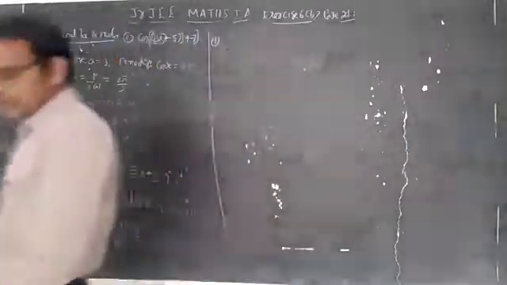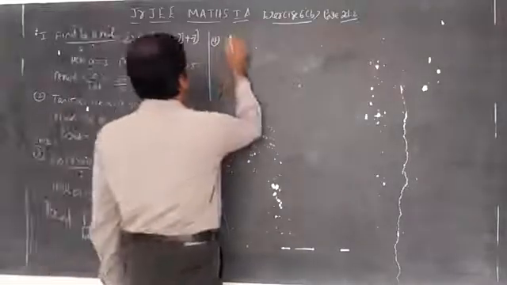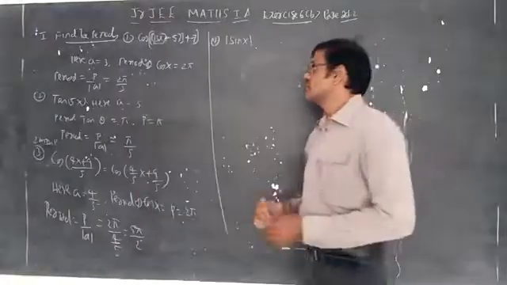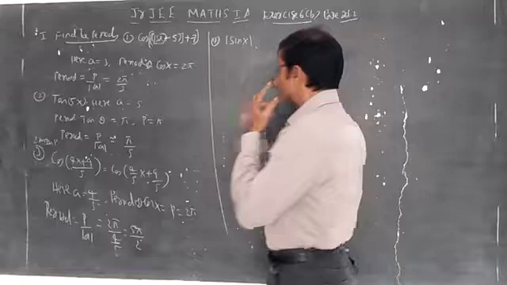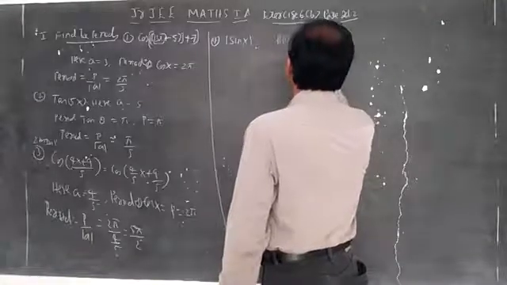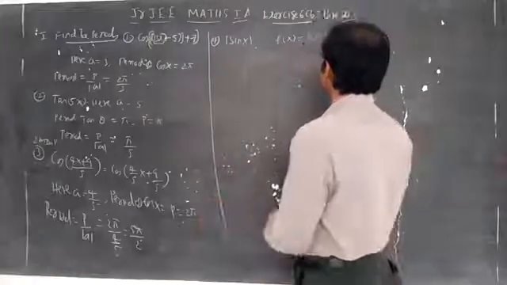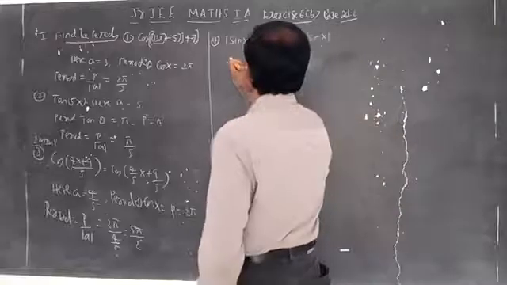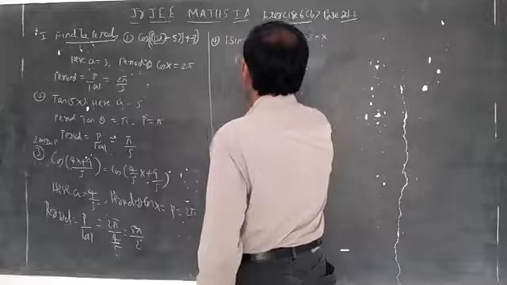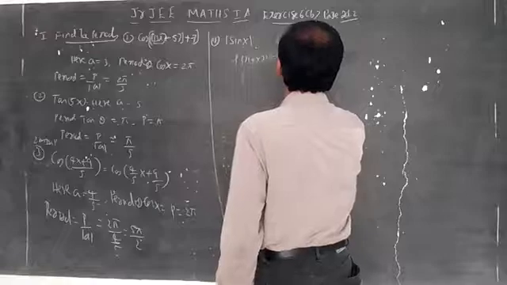Fourth question, modulus of sin x is given. Here one thing you can understand: there is no question of the p by a concept. Consider f of pi plus x, where f of x is equal to mod sin x. Now substitute: f of pi plus x gives sin of pi plus x.